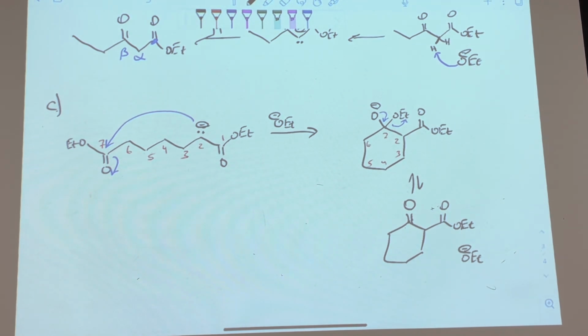Just like before, we need a driving force for this, and we happen to have one because you have that strongly acidic, doubly activated proton. The ethoxide can come in and grab that.